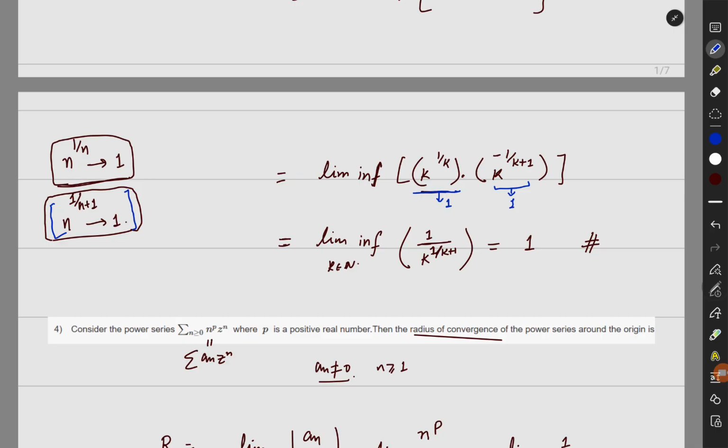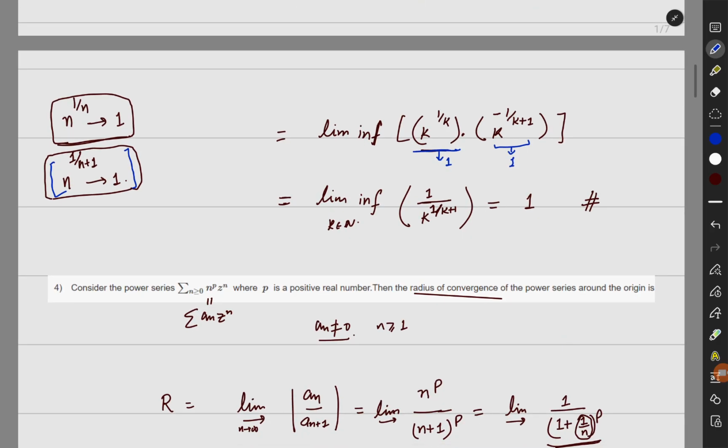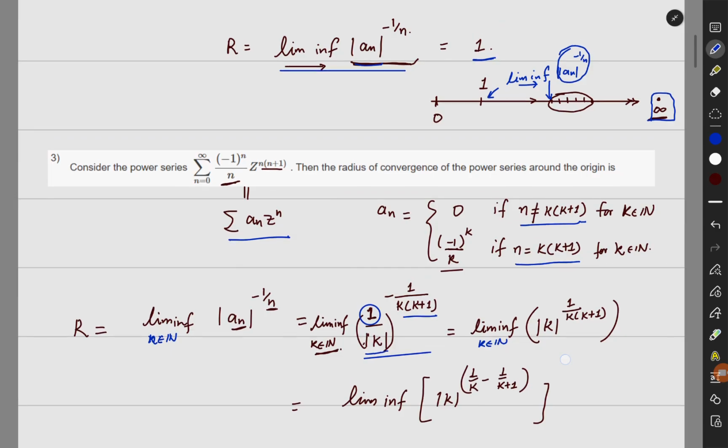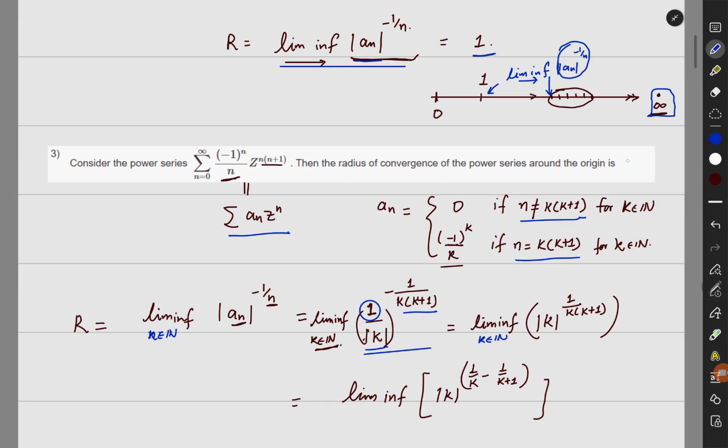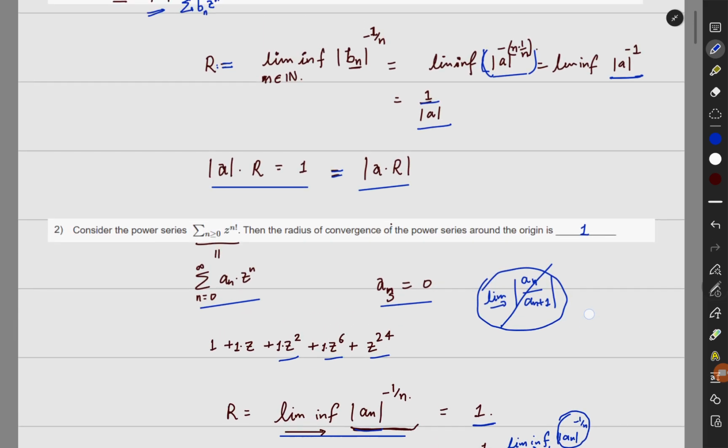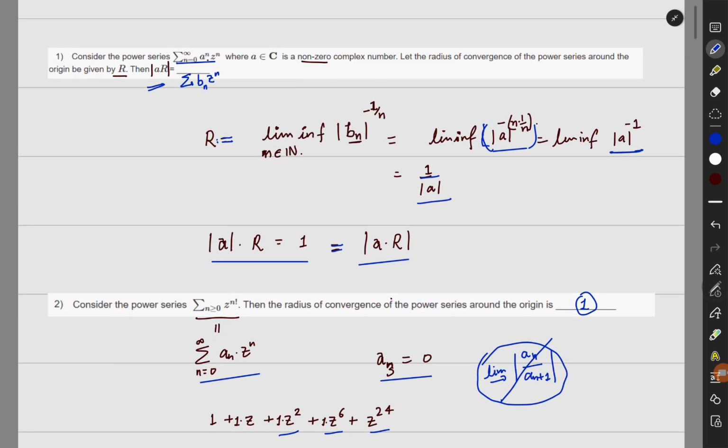So liminf in this particular case becomes the limit. If you calculate either limsup or liminf of these two sequences, they coincide and they go to 1. So again this way we got radius of convergence equal to 1. In the previous question also we had radius of convergence equal to 1.